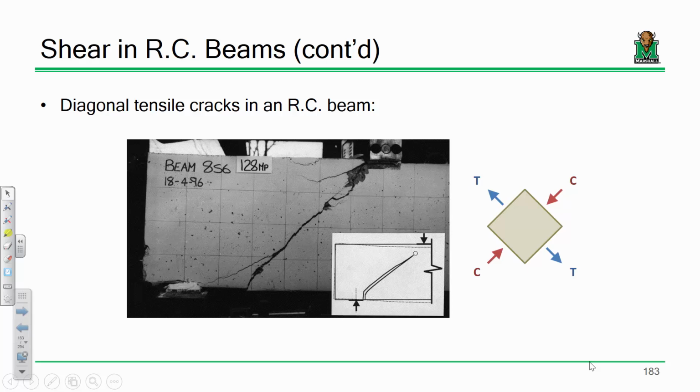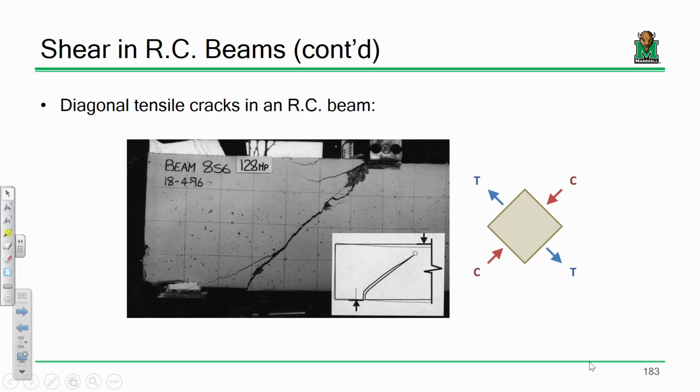And I'm showing you this for a couple reasons. First reason is because I want you to be aware of the behavior. Second reason is because I just want you all to have a factoid tidbit about concrete. When we look at a tension-controlled beam, remember the difference between tension-controlled and compression-controlled?